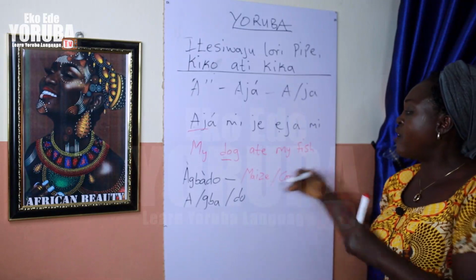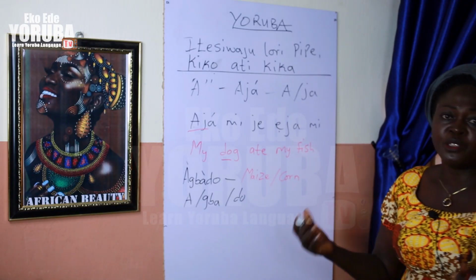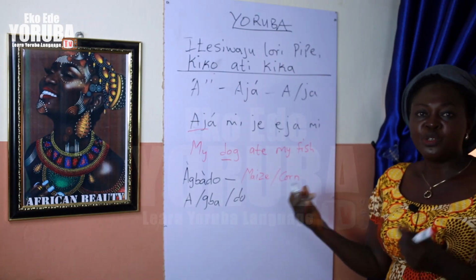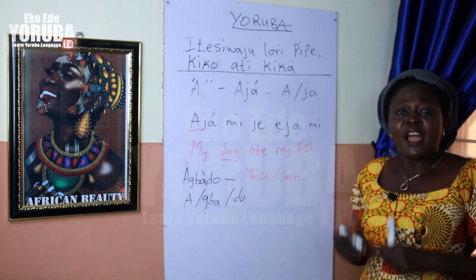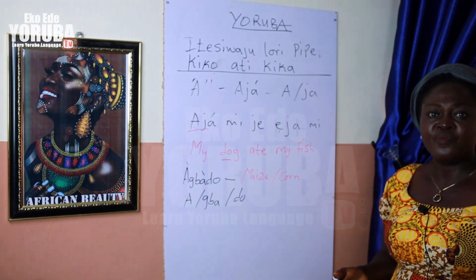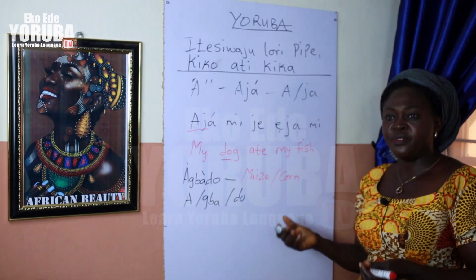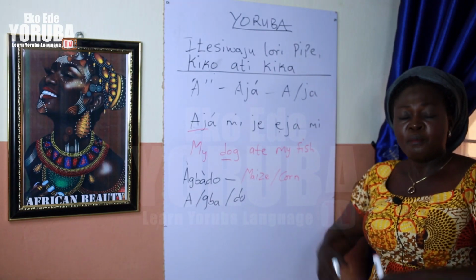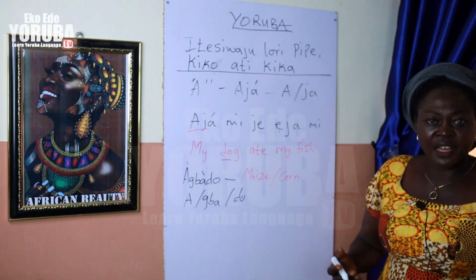Now, I want to bring out a sentence from àgbàdo. Mo fẹ́ jẹ àgbàdo. I want to eat a corn. I want to eat a maize. My maize is in the farm. My maize is with my sister. My corn is with my brother.